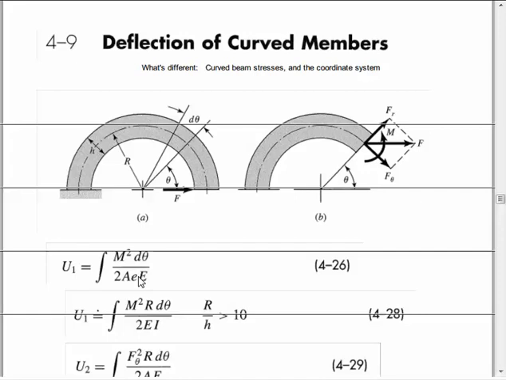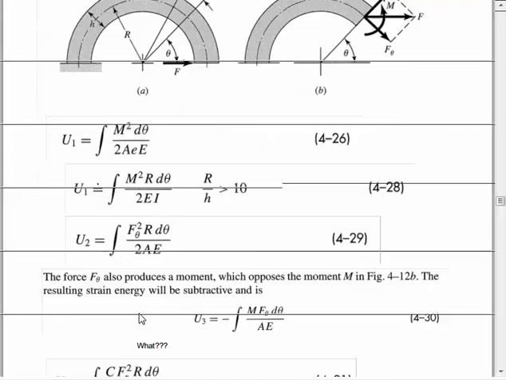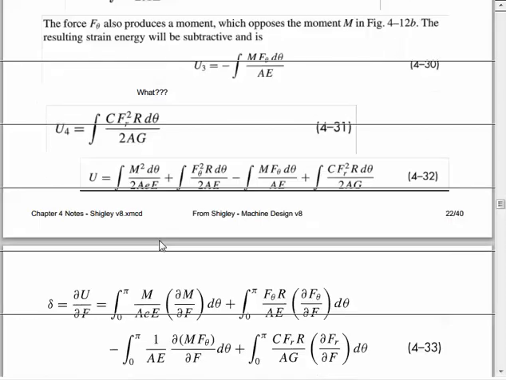If it is a thin curved member, where the radius of curvature is larger by a factor of 10 than the h of the member, h is shown right here, so r over h greater than 10, we can use the standard straight beam bending deflection energy equation, and it gives a very good approximation. Okay, and this one would be an axial deflection piece.